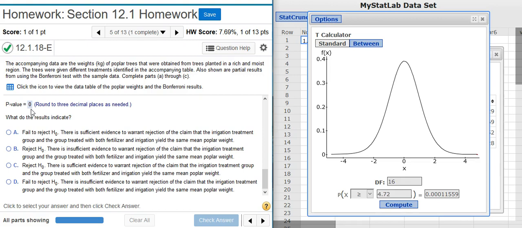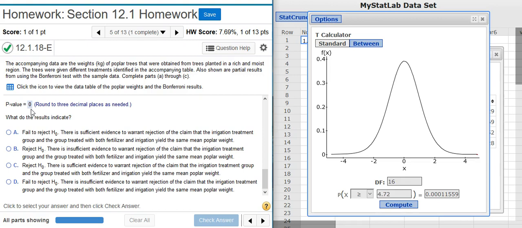I can pair 1 with 2, 1 with 3, 1 with 4, 2 with 3, 2 with 4, and 3 with 4. That's 6 possibilities. So I should multiply this by 6 before comparing with my significance level. However, since my p-value is already 0, 0 times anything is 0, so we just compare 0 with 10%.